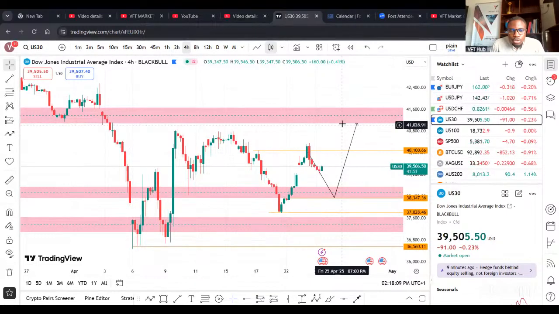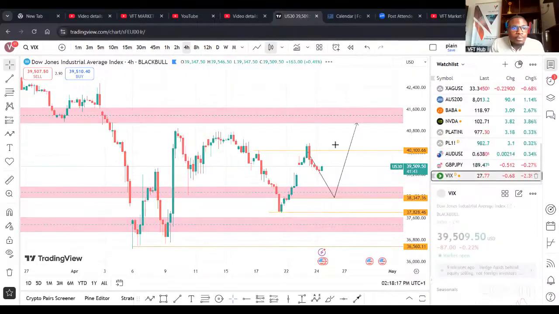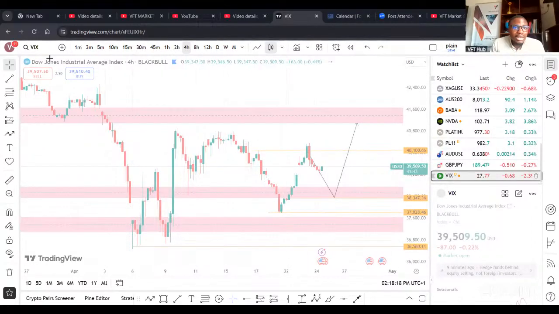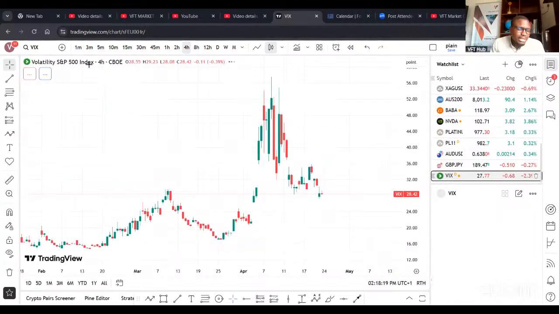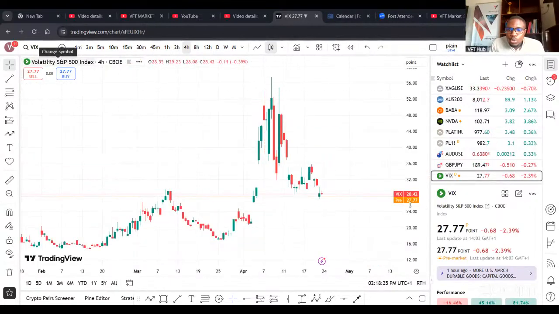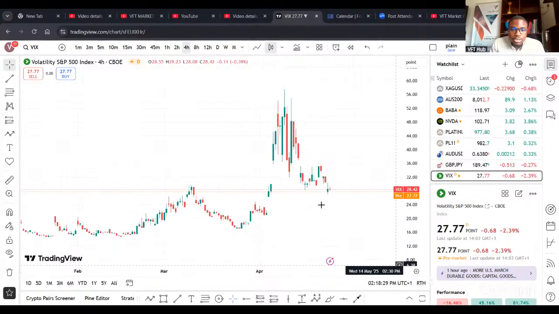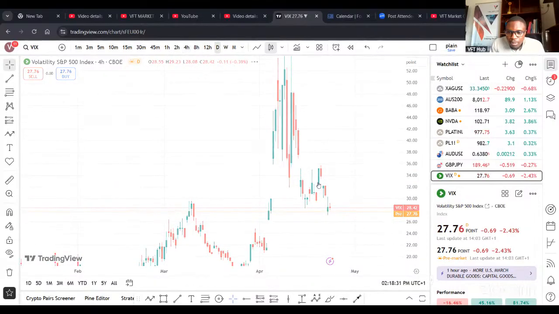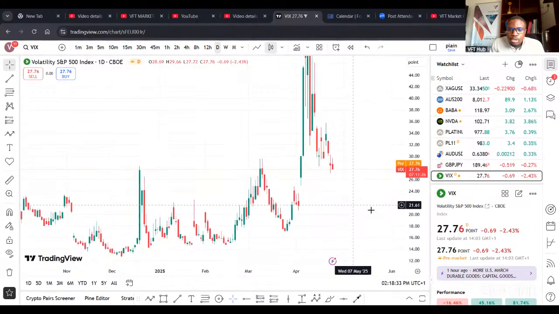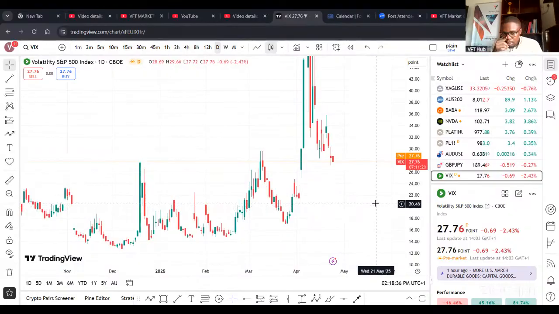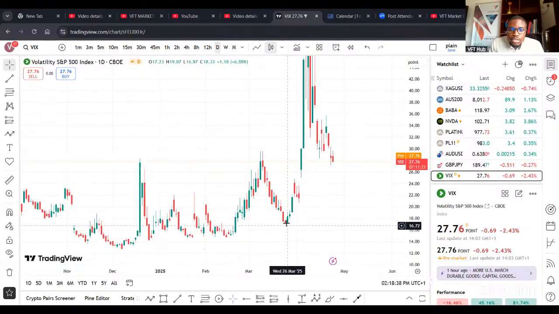Once they have that discussion, that will boost investors' confidence in the US stock market. One of the things that will also happen is that we see the fear index, which is the volatility index, VIX, tank even further to the downside, probably reaching the 20.0 level, or even sweeping all of these points.